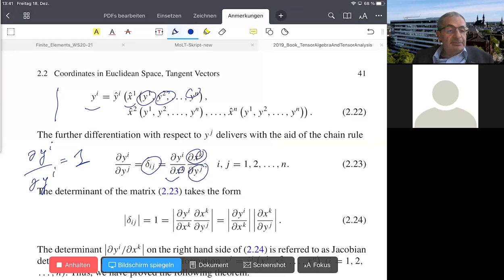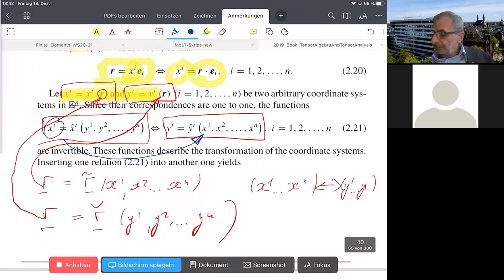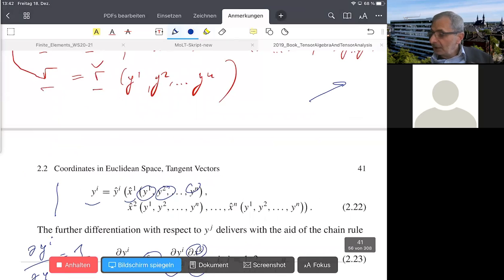Let me answer a question. Basically, we represent the same vector with respect to two different coordinate systems, right? For example, I have a vector r. I can take this coordinate system, Cartesian, but I can rotate it.